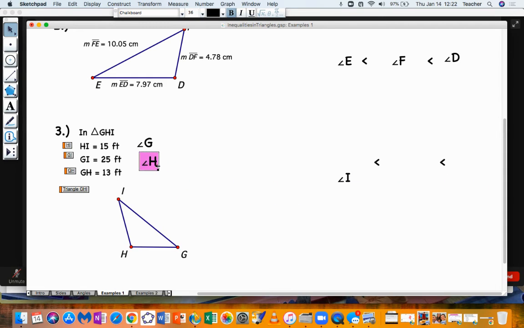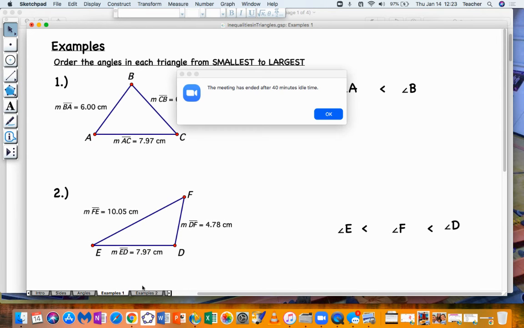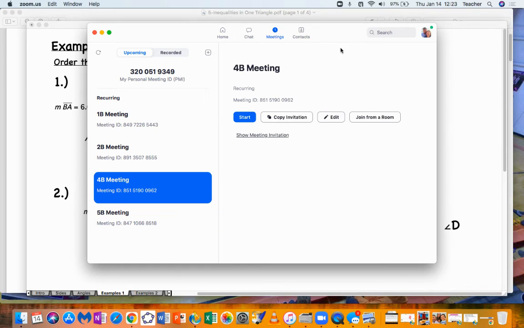The other letter in the statement, GHI. And GH is going to go with I. So if you can understand that, you don't have to have a diagram. You can just go with that. Right? So you put your lengths in order and match up your angles with that, and you can do it that way.